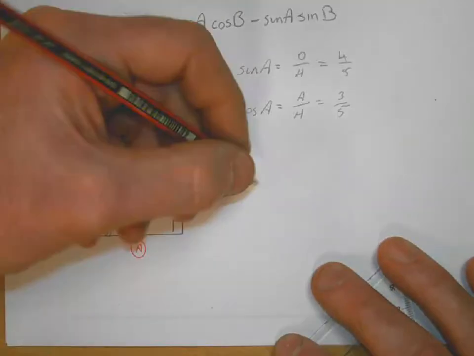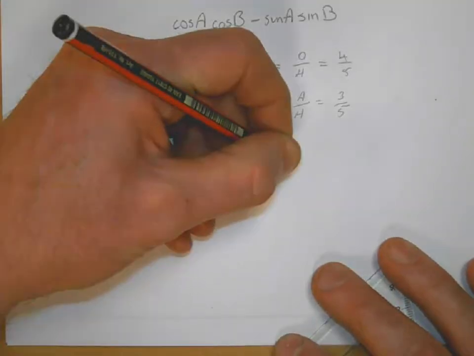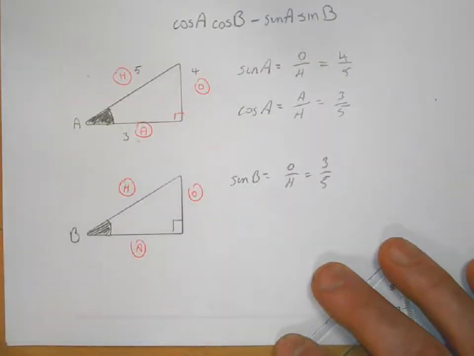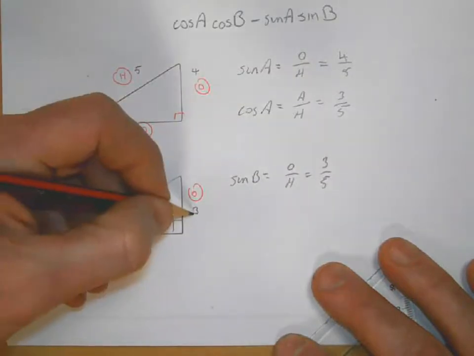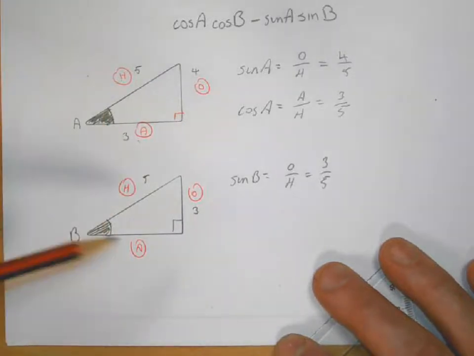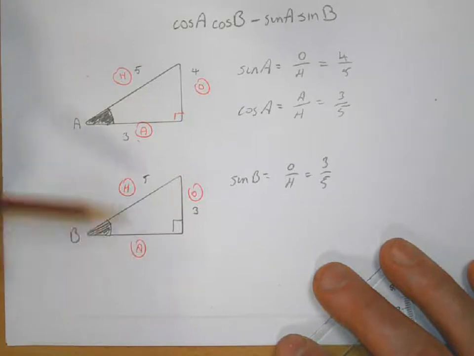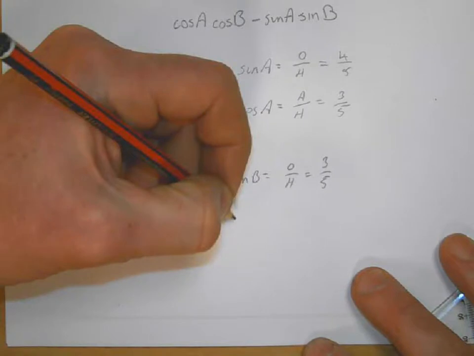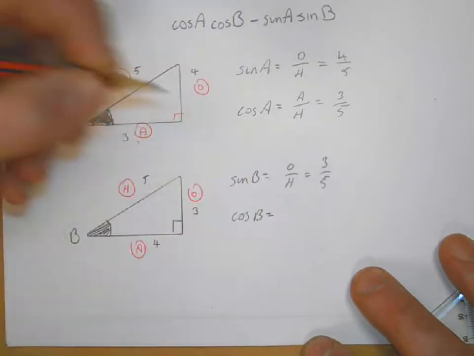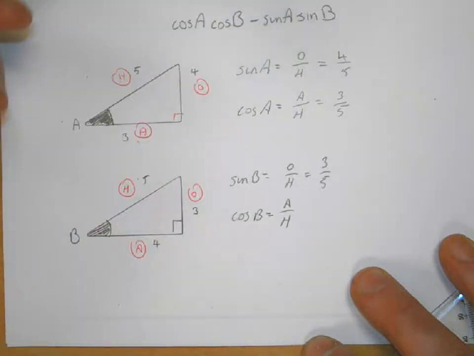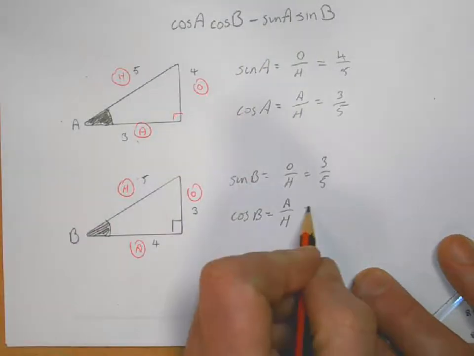So O is 3 and H is 5. And again, with this information we can work out the adjacent by using Pythagoras, and we get 4. So cos B is going to be 4/5, the adjacent over the hypotenuse.